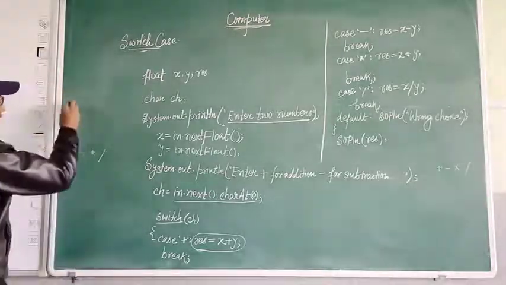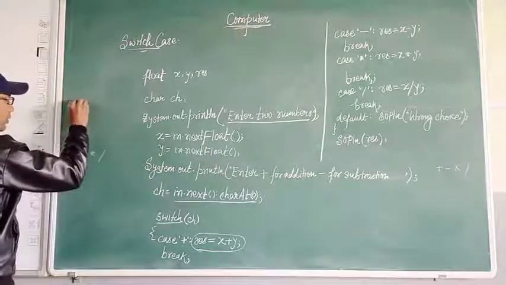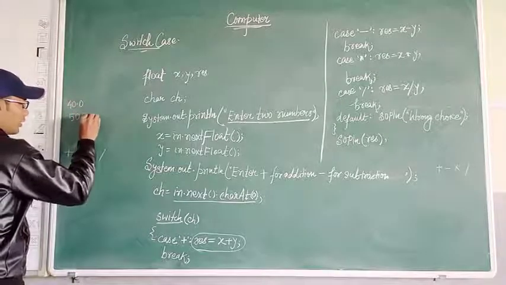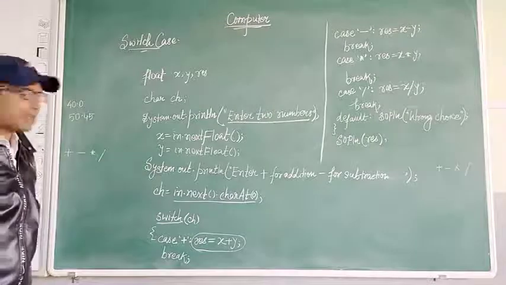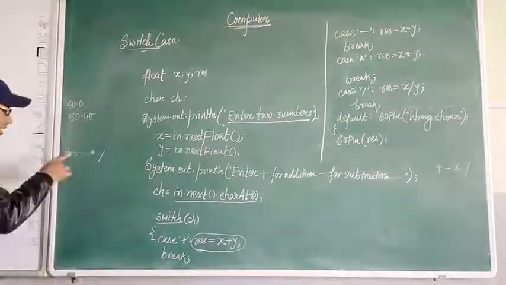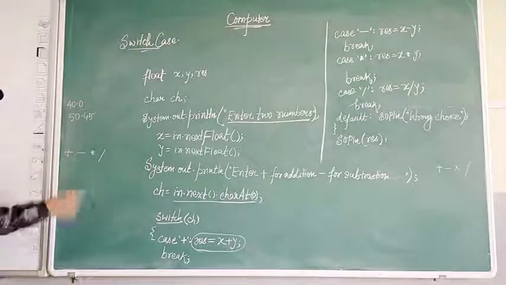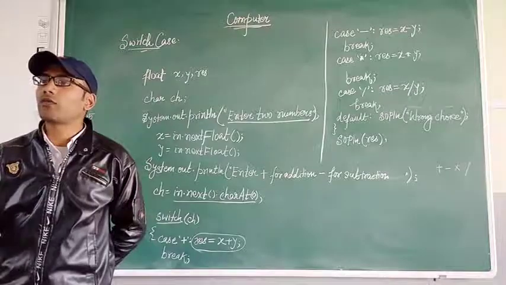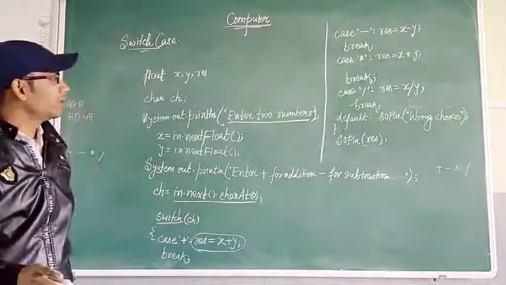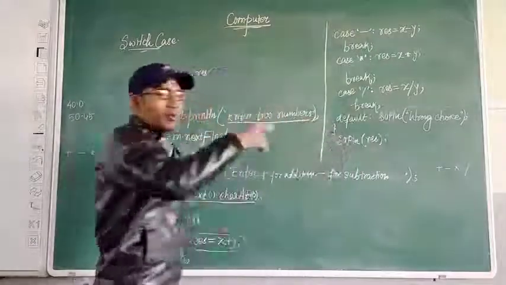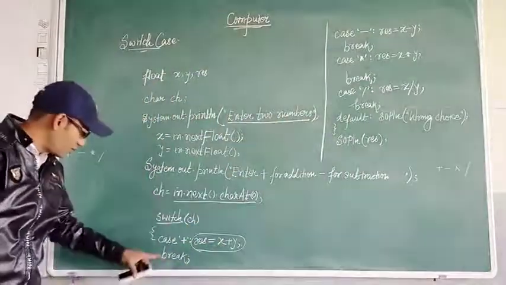Let's suppose the user gave 40.0 and 50.45. After that, when asked to give the choice, the user gave the addition sign. That means the user is completely willing to perform addition. Then the compiler should not get inside all these other cases. That would be a waste, right? That is why break is needed.